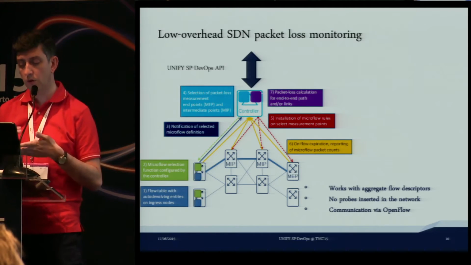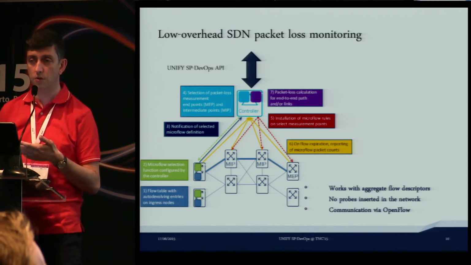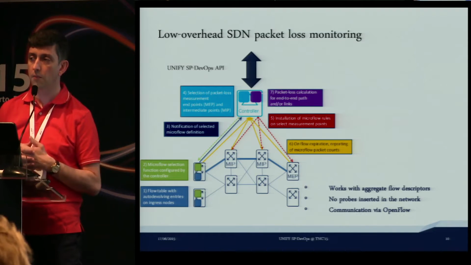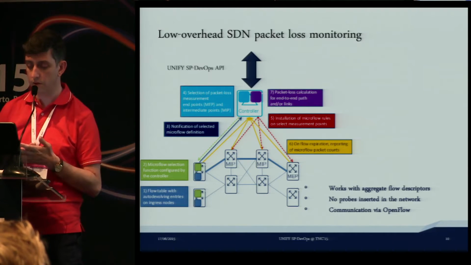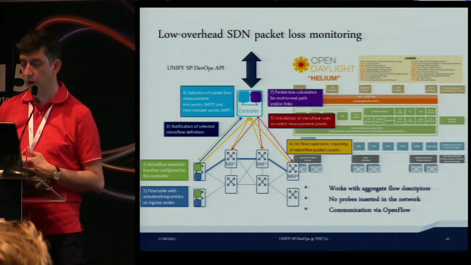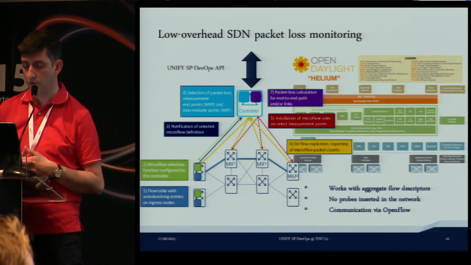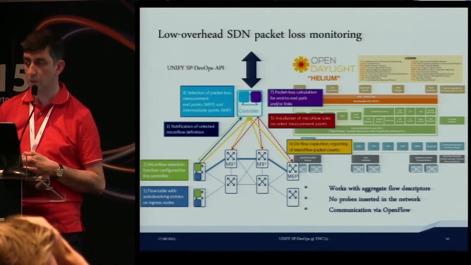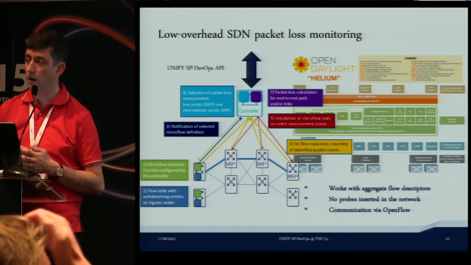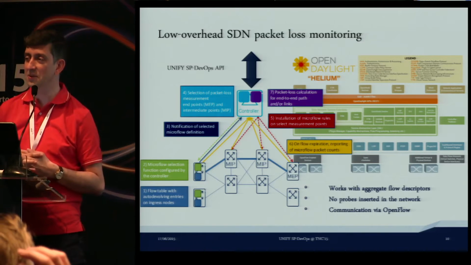And also we are using, for communication, messages which are automatically generated by the OpenFlow protocol when flows expire, for example. We are implementing this in the OpenDaylight controller and Open vSwitch, and the implementation is ongoing. And I would conclude, I would agree with the previous speaker that it's not straightforward.